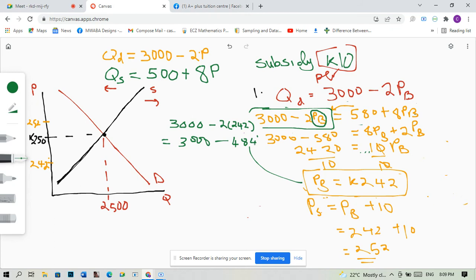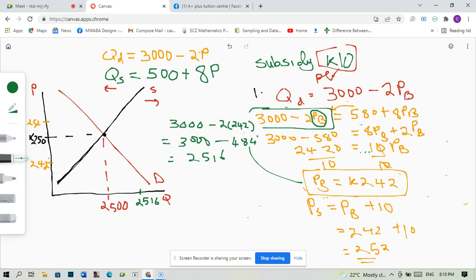Then we'll say 3000 minus 484, and we get 2516. So the quantity has now increased from 2500, it's moved to 2516, right?